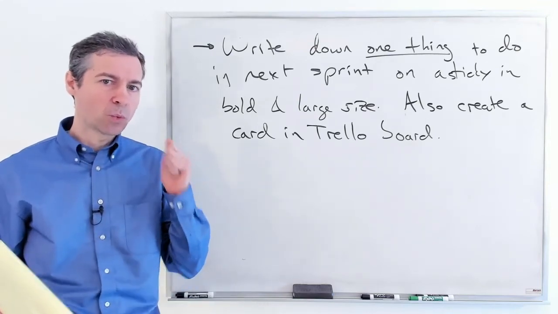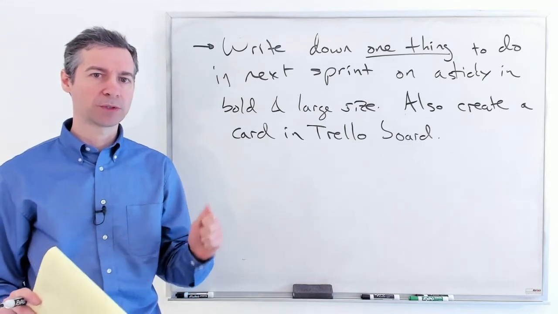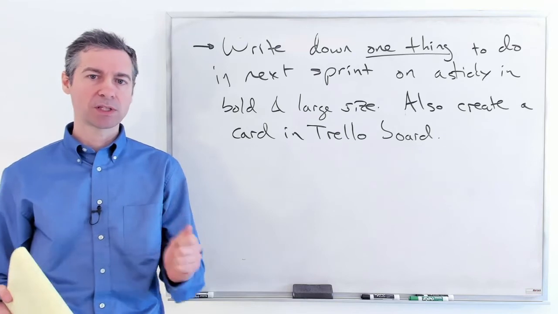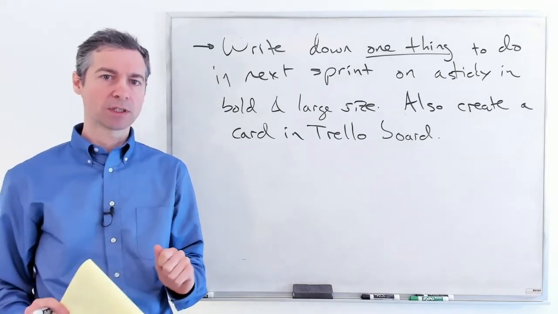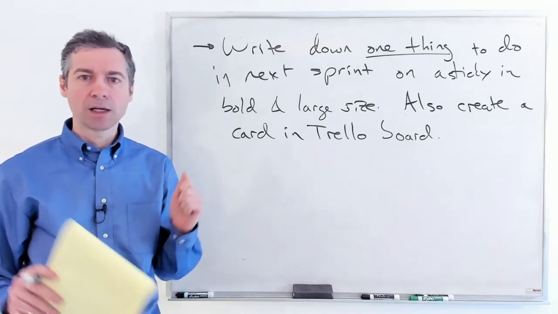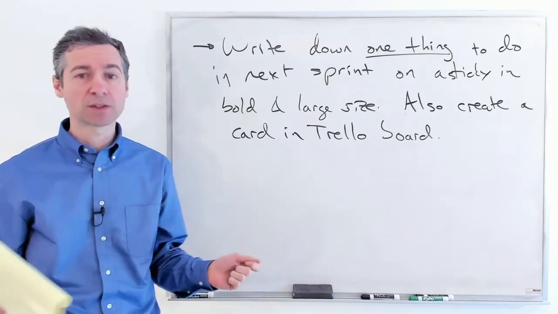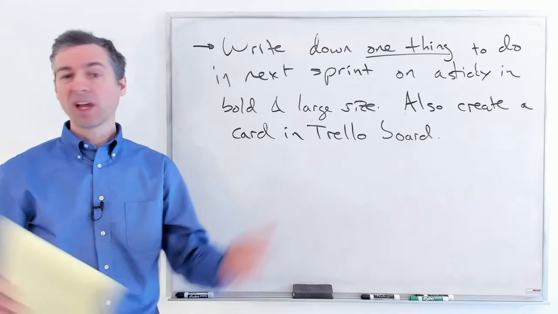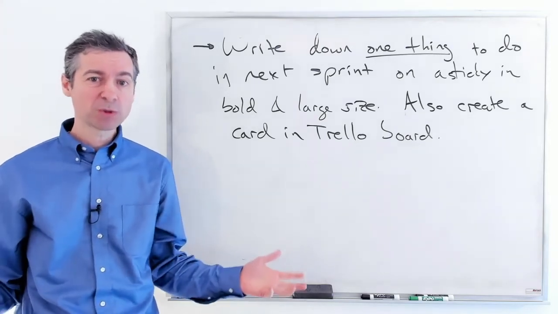If you can get one process improvement done per sprint, think about the change that can happen to a team over the course of a year. If you're running week-long sprints and you have one process improvement per sprint, you'll have about 50 process improvements for the team.